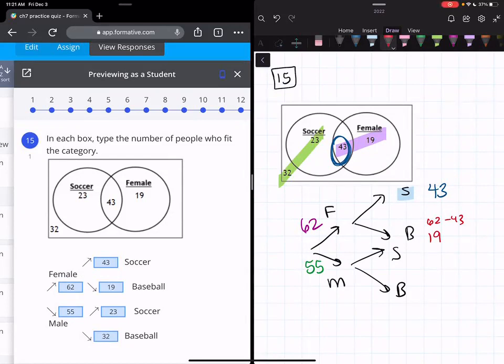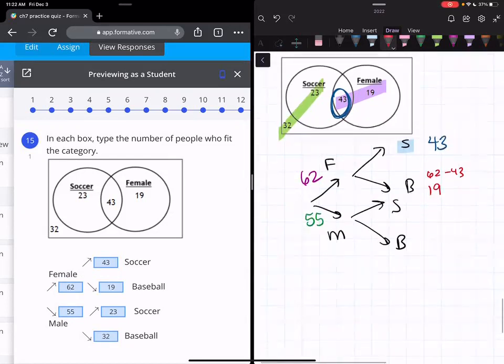And for whatever reason in our universe, if you don't play soccer, you do play basketball. So you're playing something. So there's 19 of you. Maybe it's gym class or something. You may not sit on the sidelines.